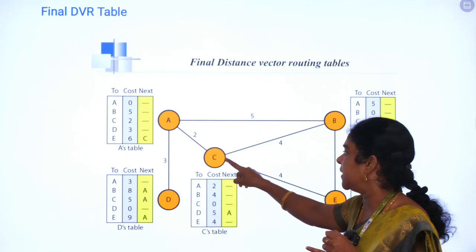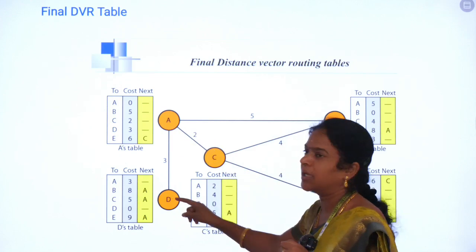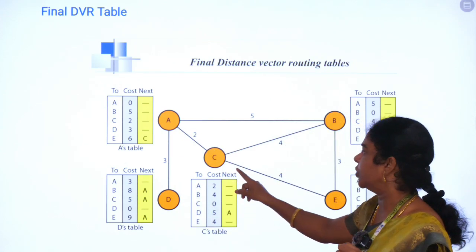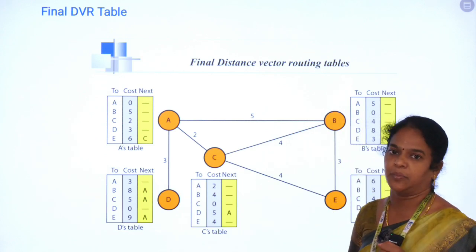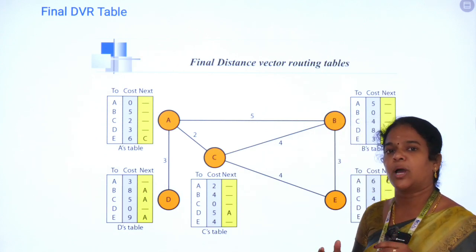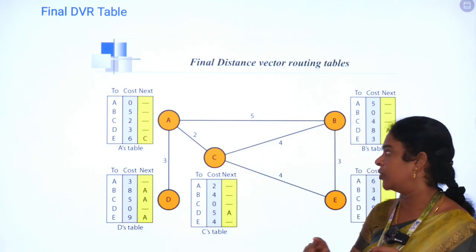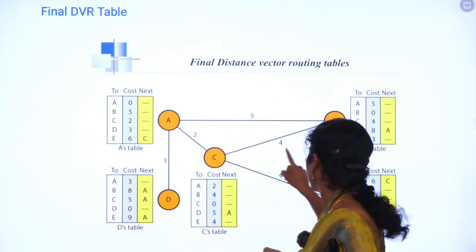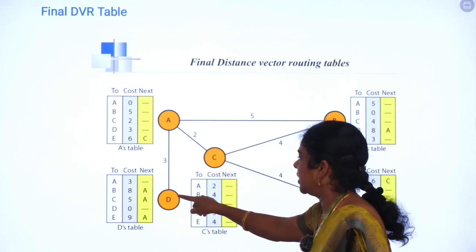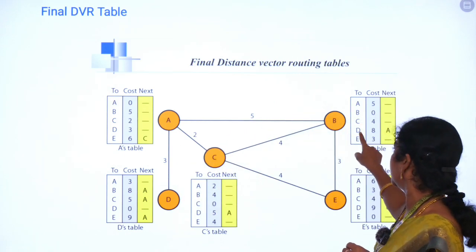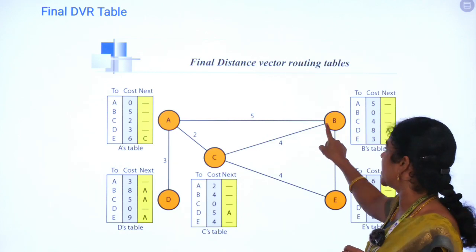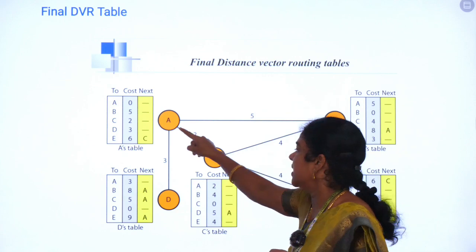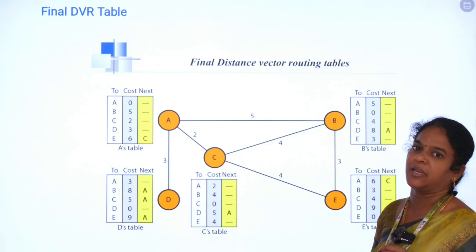Second method, B to C, C to A and A to D. But in this B to D we would use two nodes A and C, that is not applicable. Intermediate is only one node. So B to D we reach B to A to D. So here we write the intermediate node is A. So what is the cost? B to A is 5, A to D is 3. So 3 plus 5 is 8.